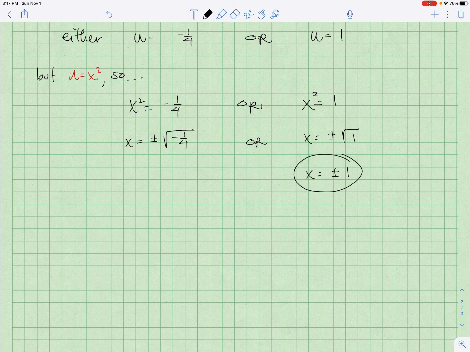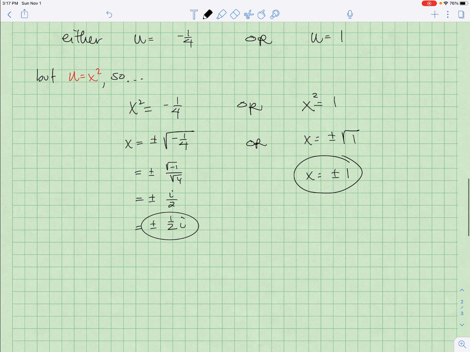On the left side, this is plus or minus the square root of negative 1 over the square root of 4, which is plus or minus i over 2, or in this case, plus or minus 1/2 i, an imaginary number. So we do have a couple of imaginary values, but values for x nonetheless.